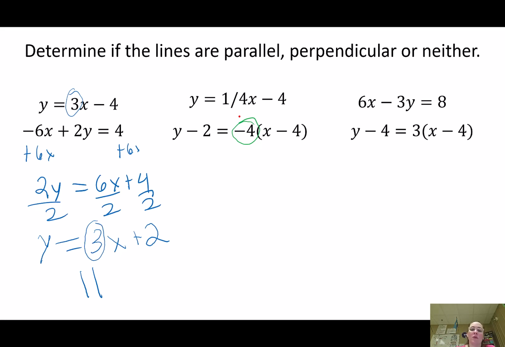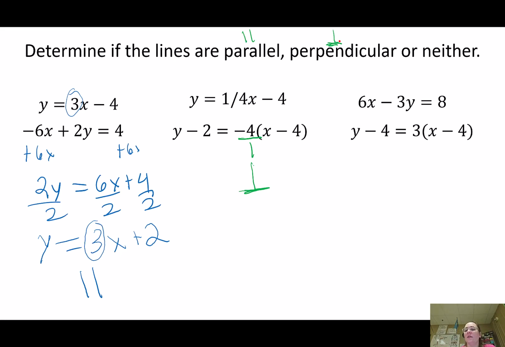And yes, if we put a 1 underneath that negative 4, my fraction would be flipped. So these are perpendicular. So remember, parallel sign is this, perpendicular is this, and we do write the word neither if they're neither.